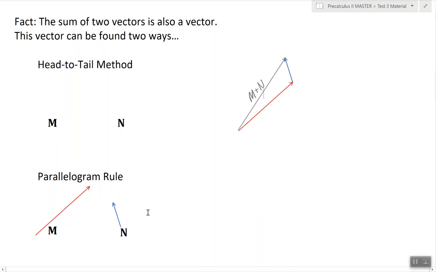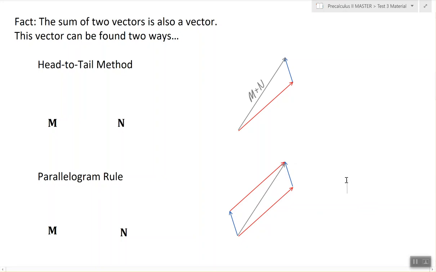Okay. And the parallelogram rule basically is making a parallelogram out of the two vectors that you're given, and you copy them like such, and then once that parallelogram is constructed, you draw the diagonal of that from the beginning to the end of that, and again you end up with m plus n.